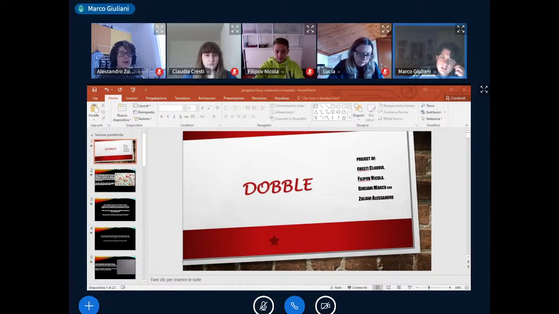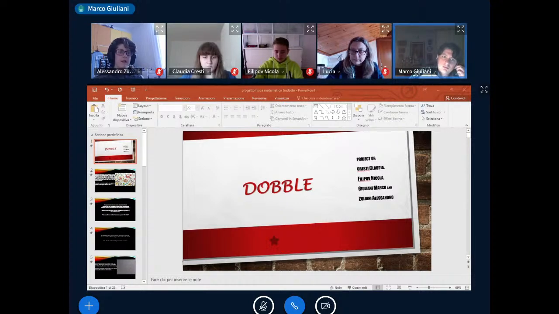For this reason, every card in the deck is made so that in every pair of cards there is only one symbol in common. This doesn't mean that a symbol can't appear on more than one card. For example, you can see in the photo the glasses symbol appears more than once.